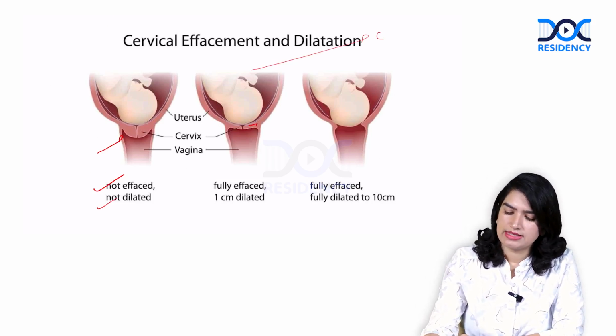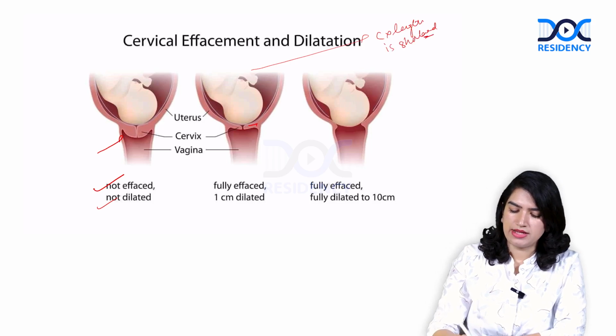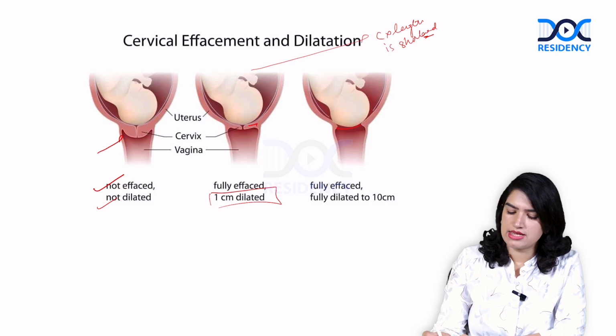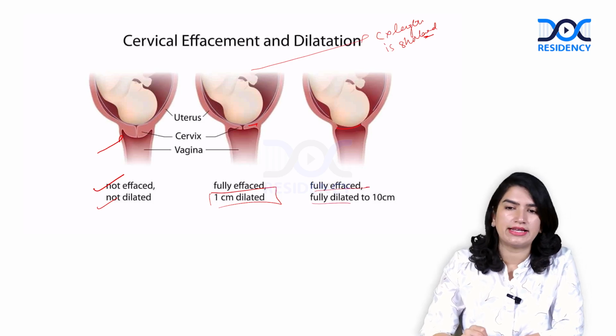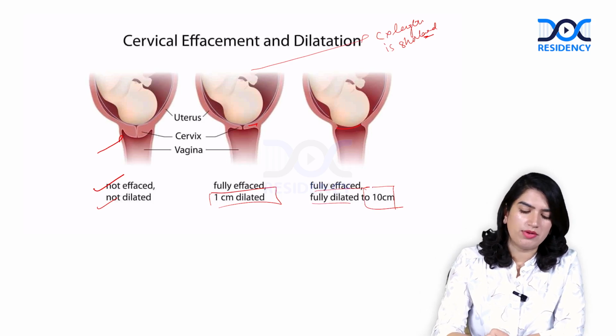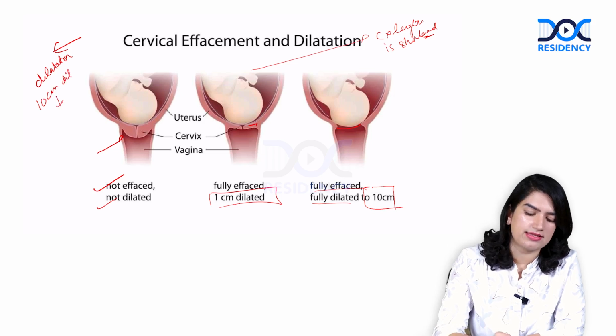That means the cervical length is shortened to maximum, but it is only 1 centimeter dilated. And here you can see a fully effaced and a fully dilated cervix up till 10 centimeter. So, when we look at the dilatation of the cervix, a 10 centimeter dilatation is considered as full dilatation of the cervix.